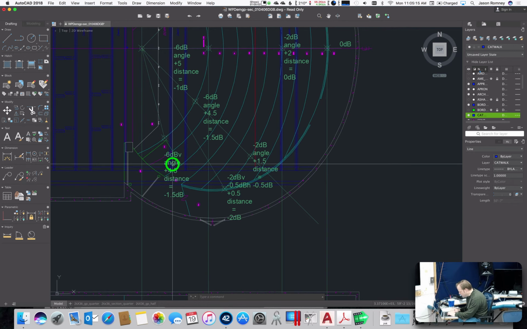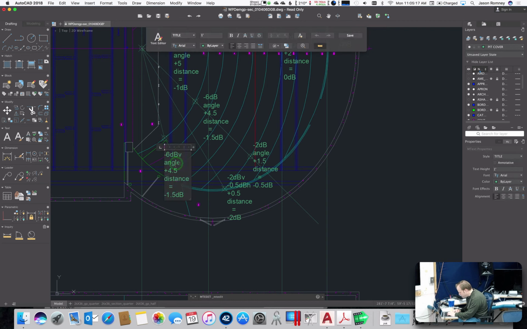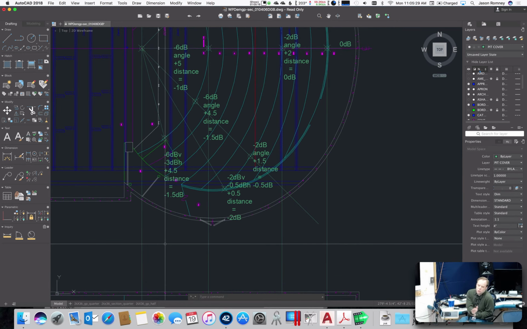Okay, so that means I am going to say minus 3 dB on the horizontal. So because of directivity alone, I am minus 9 dB total at this angle. Now, it's probably not quite minus 9 dB, because if you actually measure the sum of those two angles in real life, it's not quite as big of a double whammy as that.